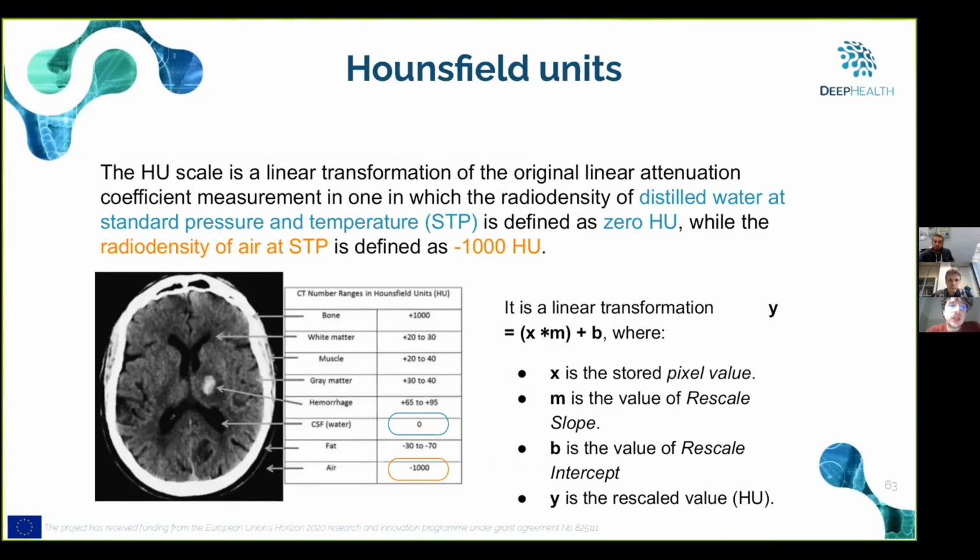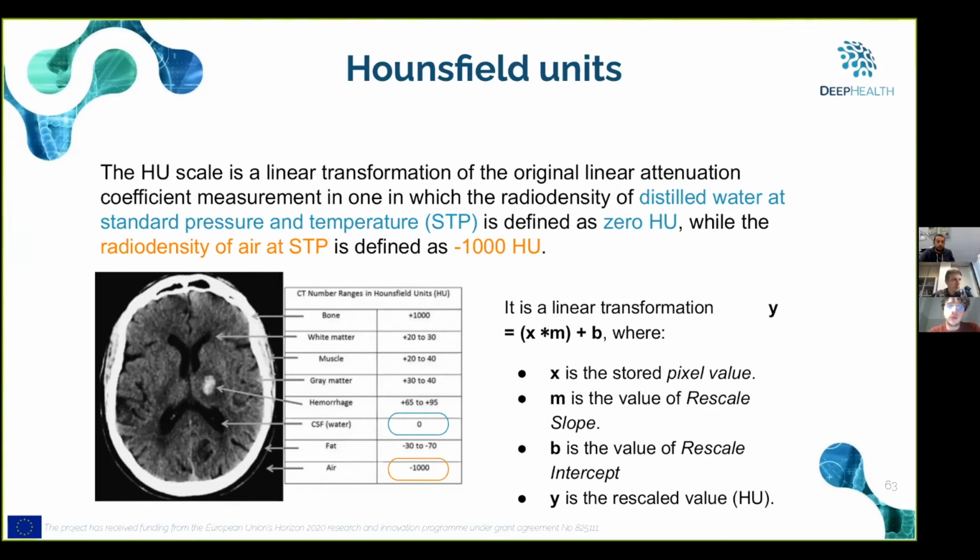So the Hounsfield unit scale is a linear transformation of the original linear attenuation coefficient measurement, in which the radio density of distilled water at standard pressure and temperature, called STP, is defined as 0 Hounsfield units, while the radio density of air at STP is defined as minus 1000 Hounsfield units.